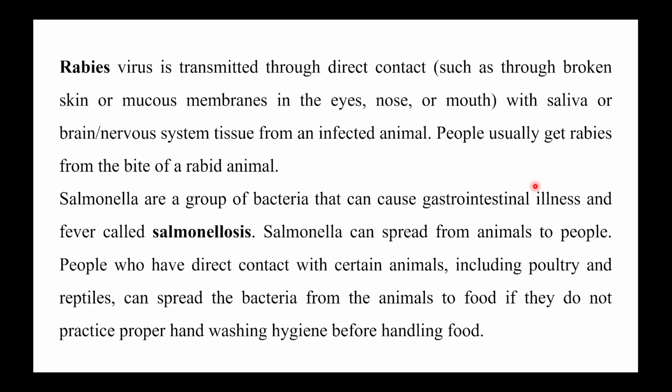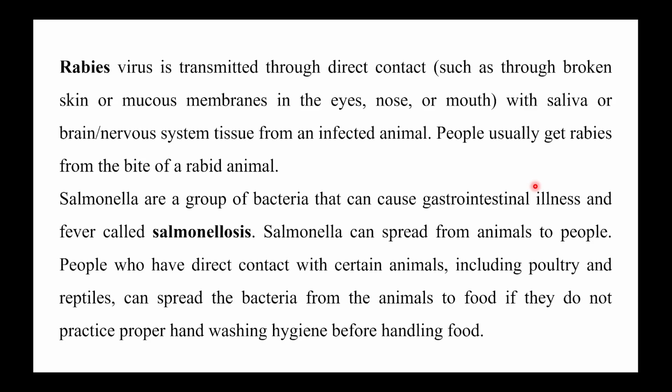You must have heard about these diseases. Rabies is caused by a virus, the rabies virus, and there are certain animals which can get these viral infections. Mostly domesticated animals, dogs, and also rabbits and monkeys can carry the rabies virus.